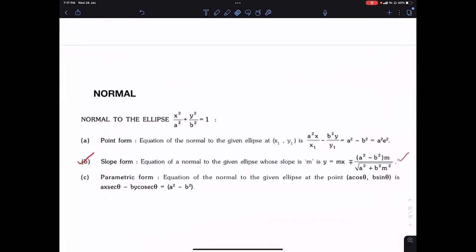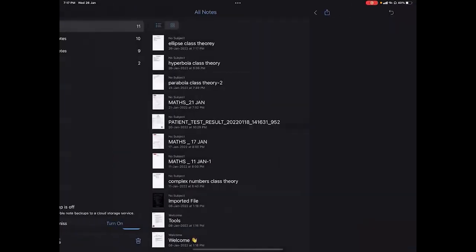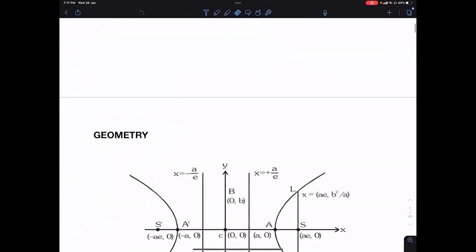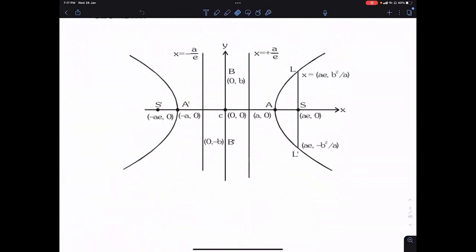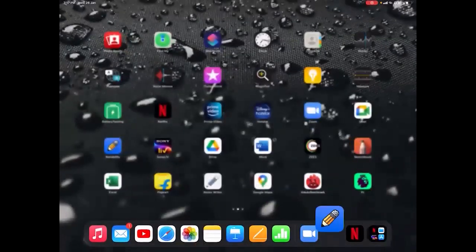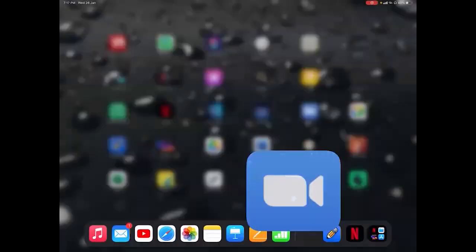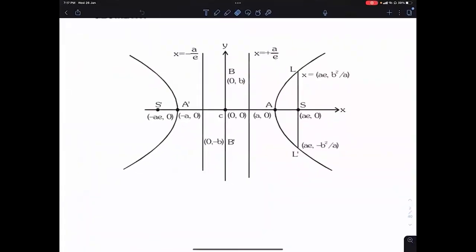Fine. Okay, let us see hyperbola now. Almost the same geometry for hyperbola.